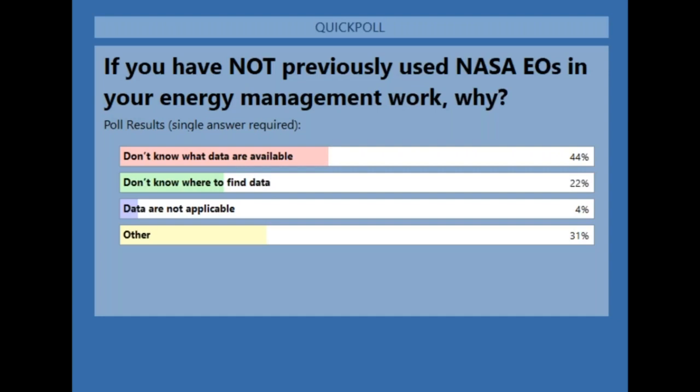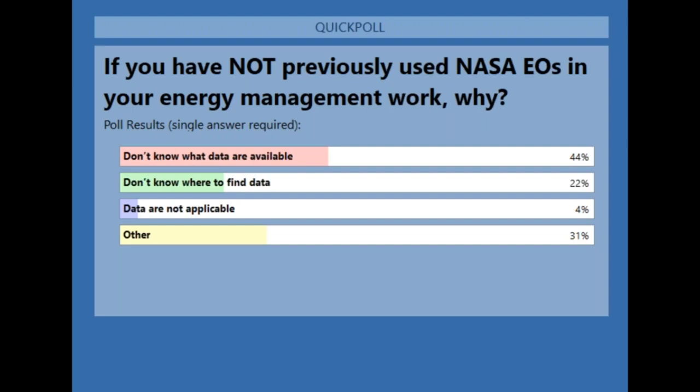I think that's the most important objective of this series, is to talk about all of the different data sets that are available. So 22% don't know where to find data. We'll also talk about that. 4% say data are not applicable. Well, for those 4%, hopefully you might learn some new things about other data sets that maybe you're not familiar with that could be applicable.